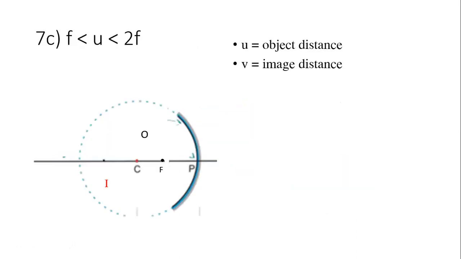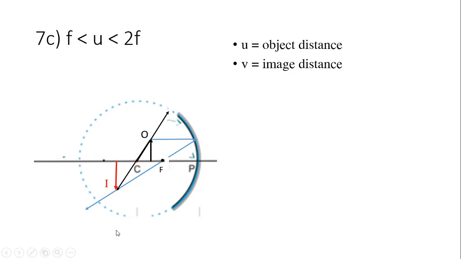Now your object is between 2F, that is C, and F, so anywhere between C and F. Same, parallel ray, on reflection from the surface, will go to the focus. And you can use the radius of curvature ray, reflected backwards there.